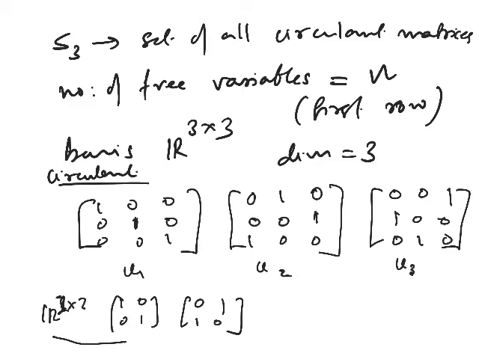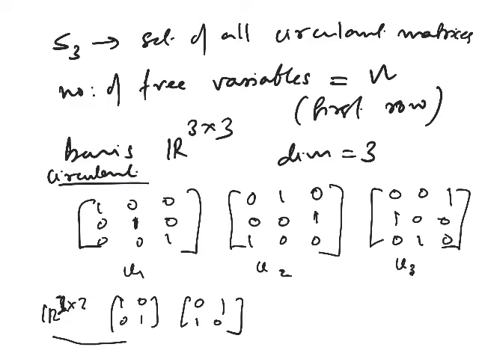Whenever I talk about a vector space V and its subspace S, V is what I call the ambient space, because I am looking at a subspace S which is sitting inside the vector space V.